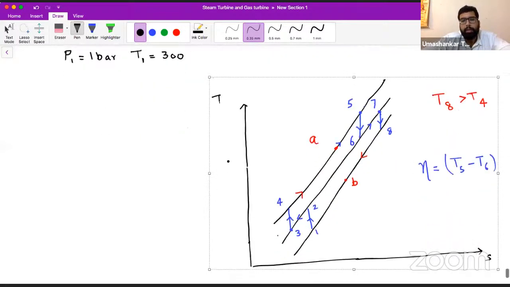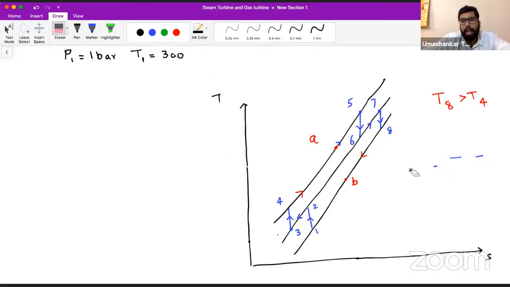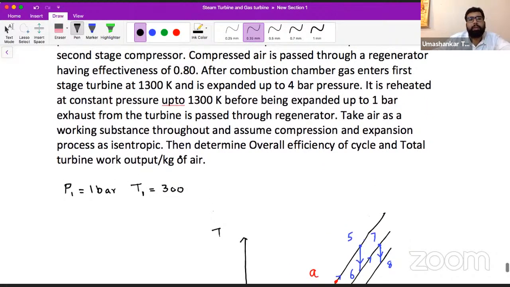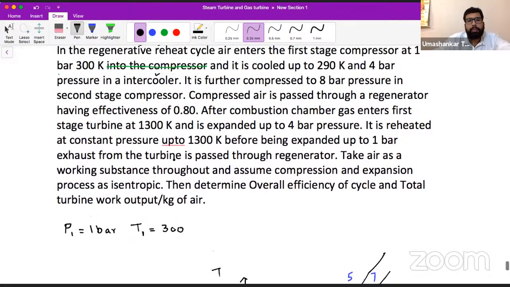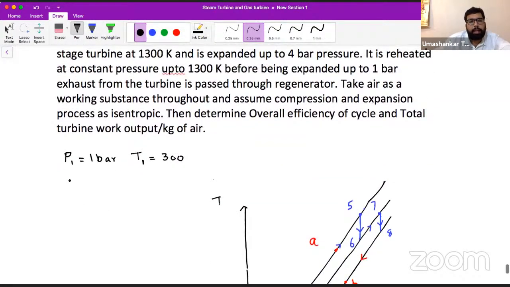Okay, now this is our diagram. This is our TS diagram. Now let's locate the data that we have and what we require. We have P1 given to us as 1 bar, T1 given as 300 Kelvin. Our intermediate pressure, that is P2.